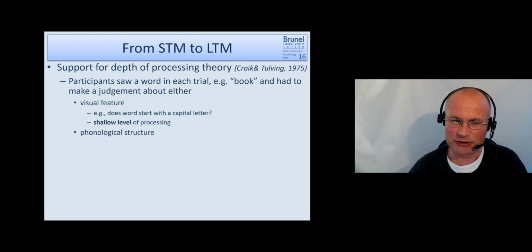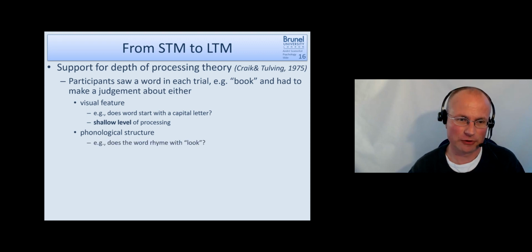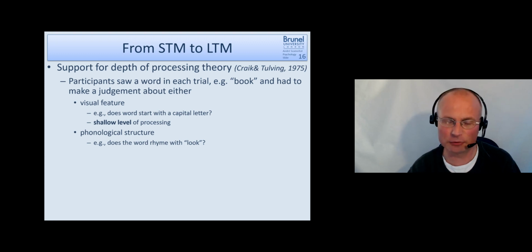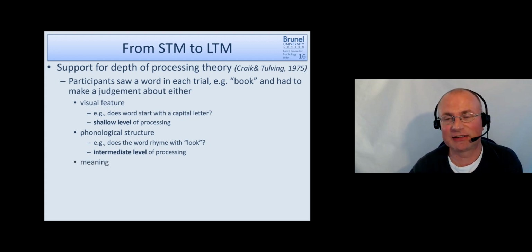Then they had questions which revolved around the phonological structure, that means the sound of the word. For instance, does the word rhyme with look? So if you say book, look, yeah, it rhymes, so you say yes. This is an intermediate level of processing. And then they had questions which revolved around the meaning.